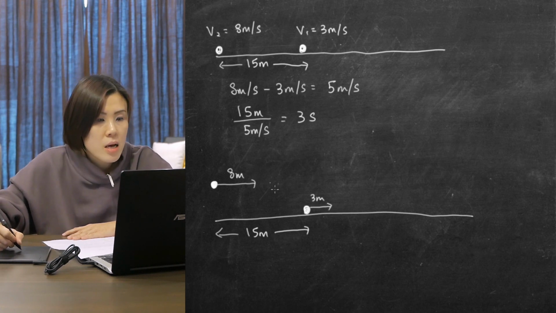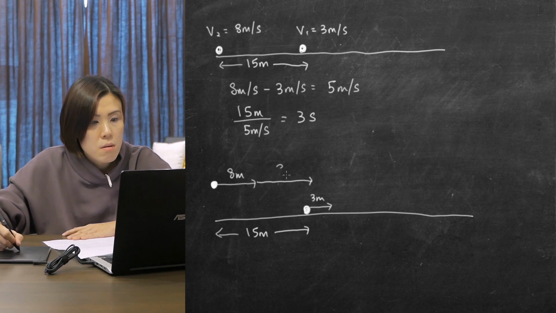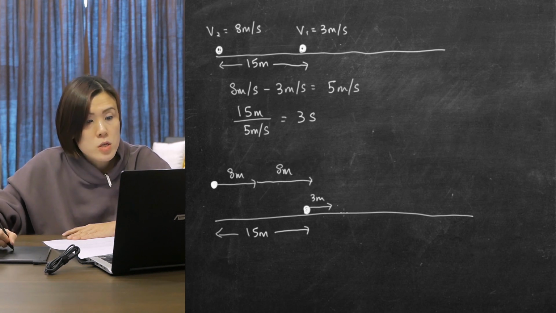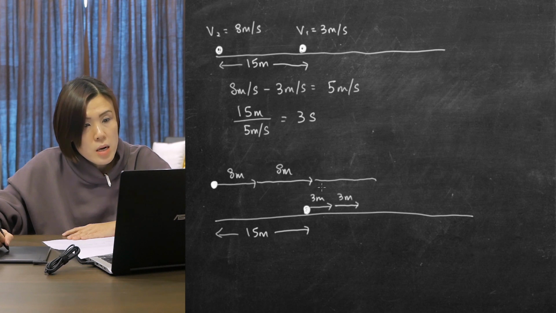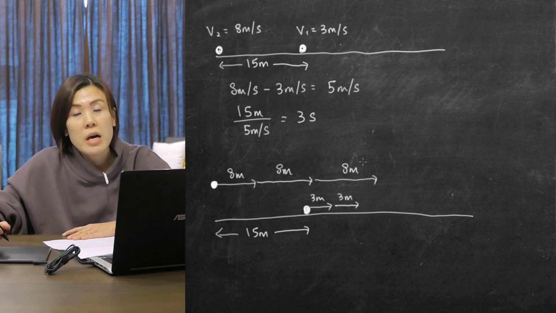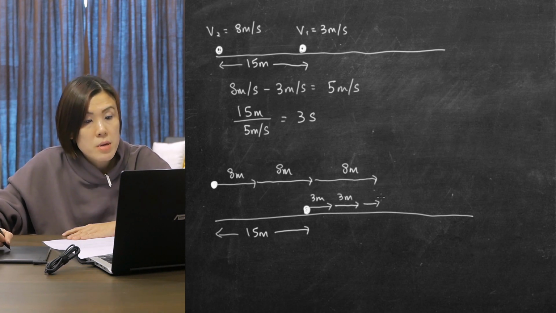After another second, the second object traveled another 8 meters, and the first object traveled another 3 meters. In the third second, the second object traveled 8 meters, and the first object traveled another 3 meters.